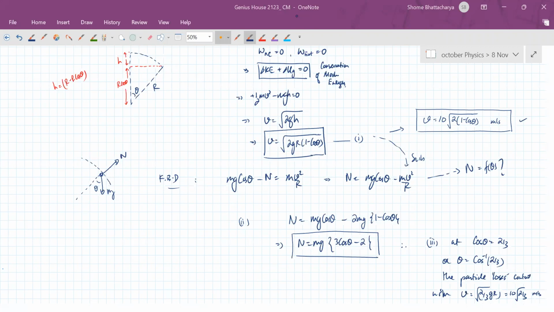So you can use this problem actually as a simple template to solve virtually any type of vertical circular motion problem, but there are some standard cases of vertical circular motion we'll discuss next.